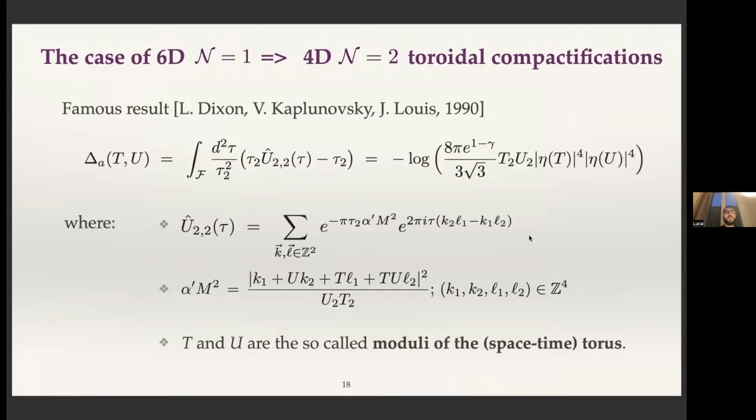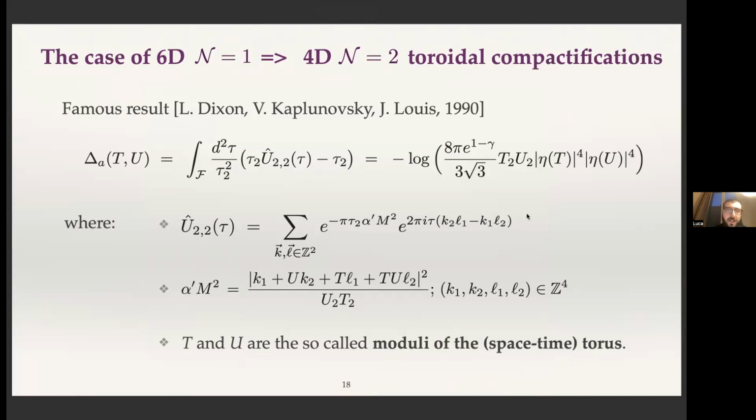Okay, let's see what happens in the famous case of a 6-dimensional N equals 1 theory that goes down to a 4-dimensional N equals 2 theory through a toroidal compactification. Also, this is a famous result from 1990 by Dixon, Kaplunovsky, and Louis.